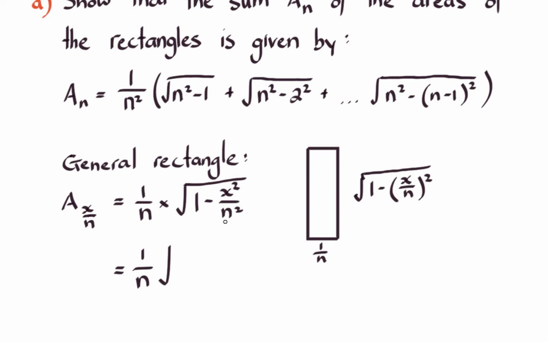So if we were to combine these two into 1, we want a common denominator of n squared. So we'll turn our number 1 into n squared on n squared. And that way, with our common denominator, we can combine the two fractions.